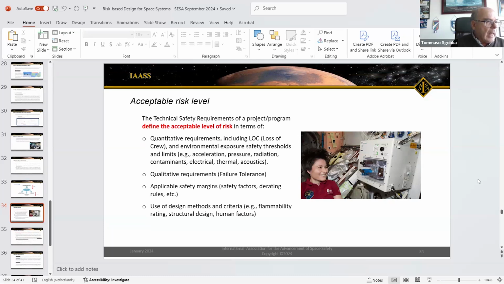Margins for thresholds for acceleration, pressure, radiation, contaminants in the air of a capsule, thermal, acoustic, and electrical thresholds, that you must not exceed, and so on.